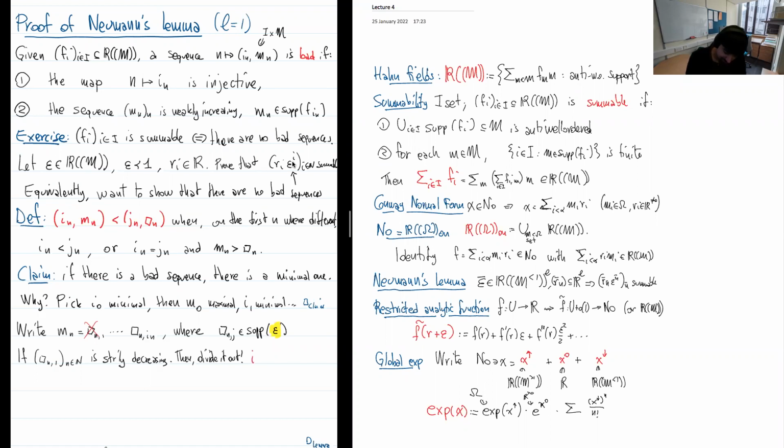And basically, in this very special case, I just have this trivial observation that i naught minus 1 is less than i naught. So I find a smaller sequence, but the sequence is still bad, and now there's a bit of contortion.